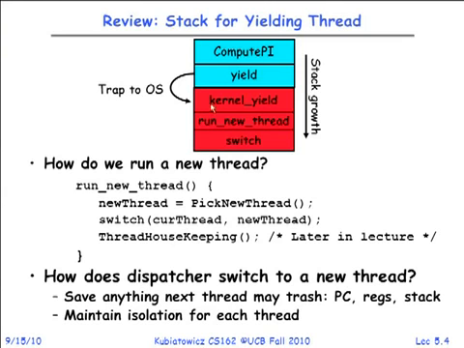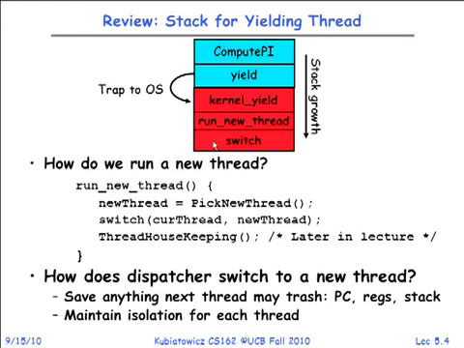Executing code. Can anybody answer that question? Will it get saved into a return address register when you jump into the kernel? So first of all, when we jump into the kernel, the actual return PC is stored in a register. That's a good answer, but it's not quite the full answer.